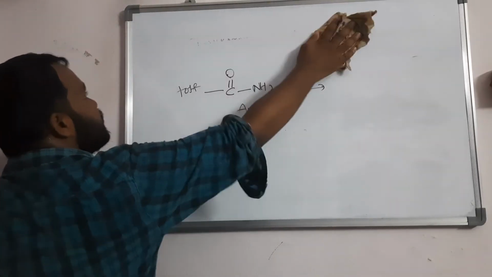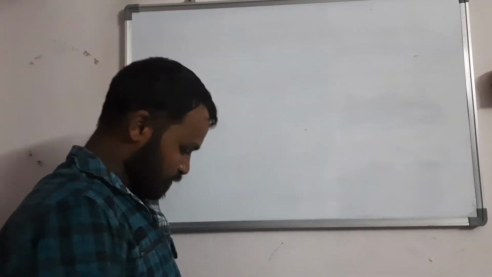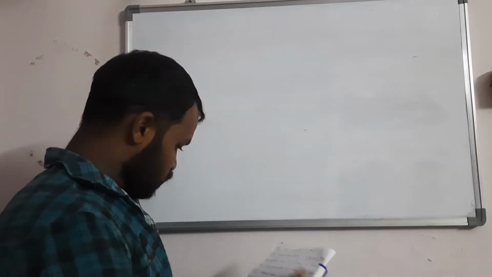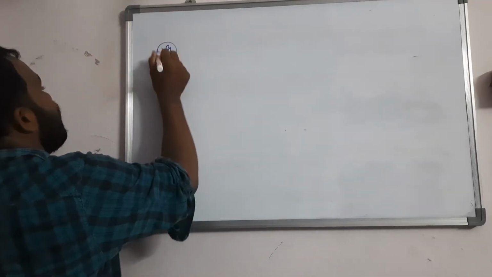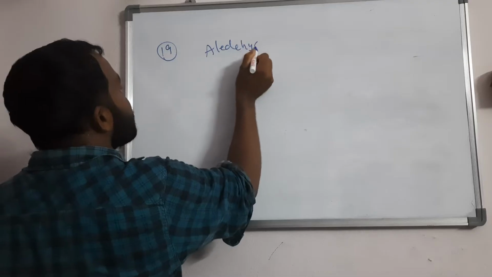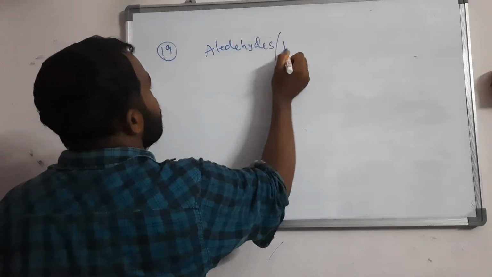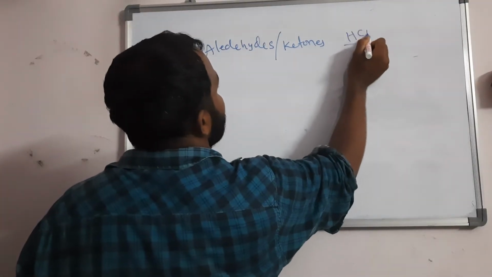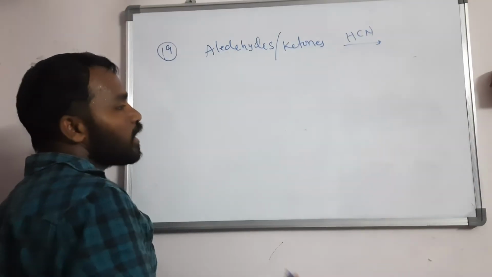Next, question number 19. Aldehydes and ketones, upon reaction with hydrogen cyanide, HCN, what is the product they asked?